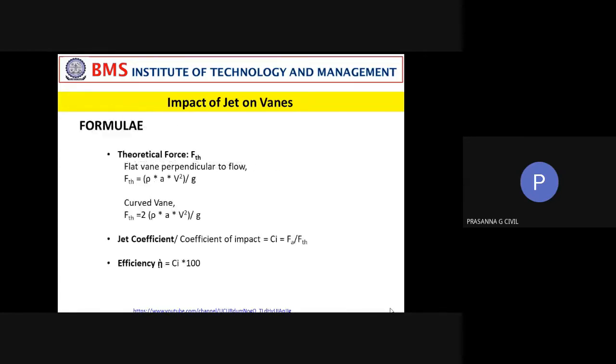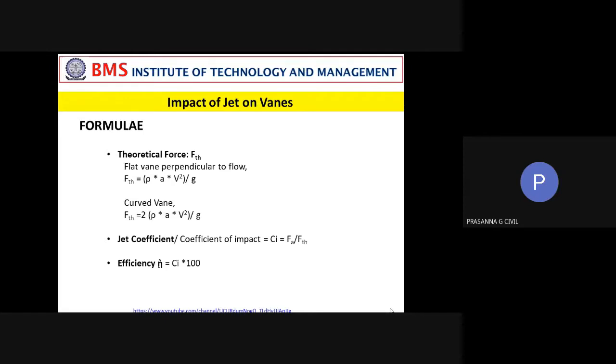The formulae that you will be requiring are to compute the theoretical force exerted on the flat vane and the curved vane: rho A V squared divided by g for the theoretical force on the flat vane, where rho is the density of water, A is the area of cross section of the jet, V is the velocity of flow, and g is the gravitational acceleration. Similarly, for the curved vane, the theoretical force is 2 rho A V squared by g.